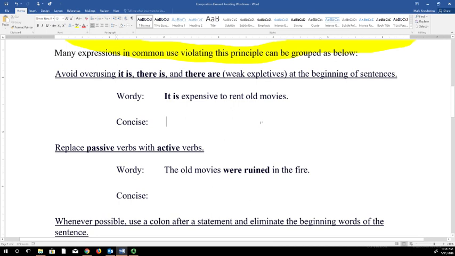The first thing is to avoid overusing it is, there is, and there are at the beginning of sentences. Looking at the first example, it is expensive to rent old movies. Grammatically, word choice, everything in this sentence is correct, but it's wordy and it's a really flat sentence. We don't want this. So, how could we fix this?